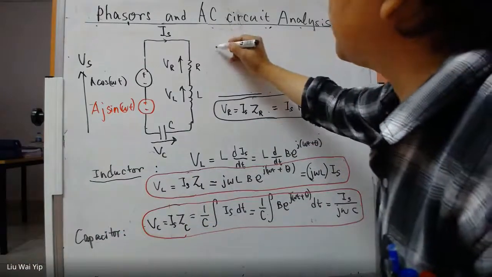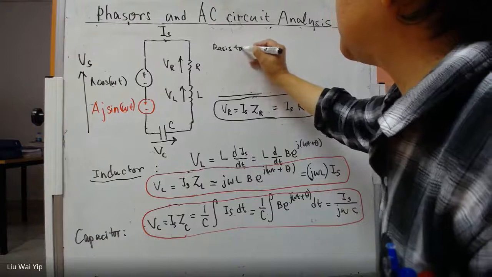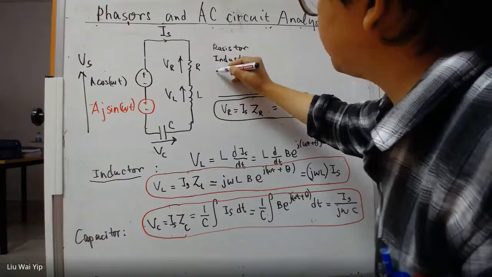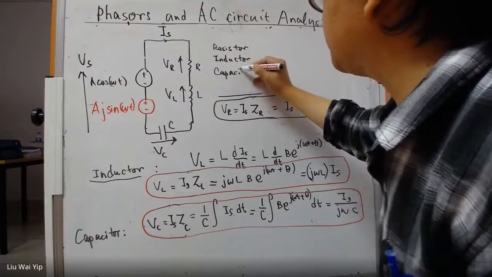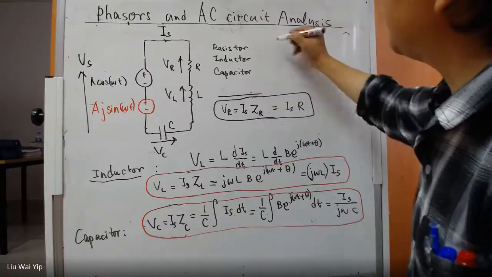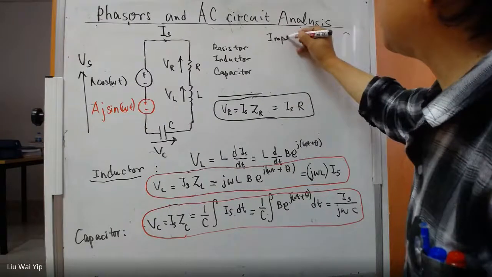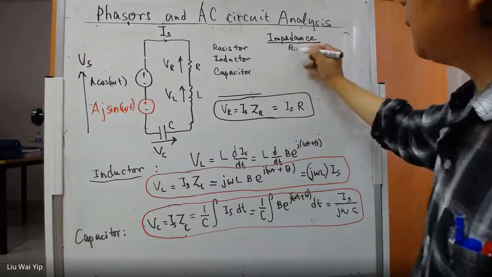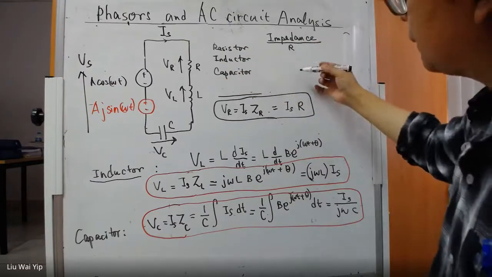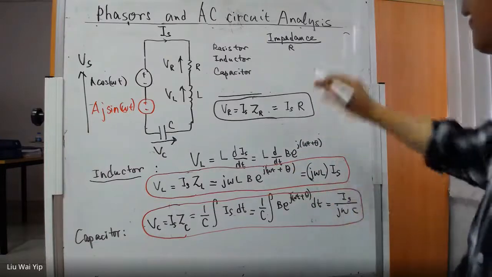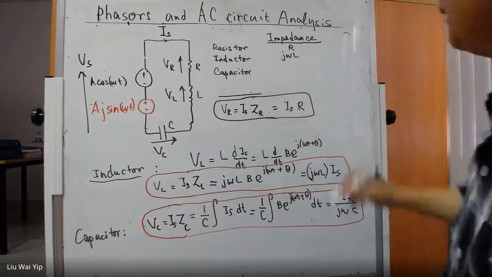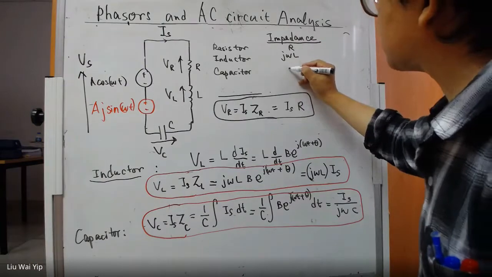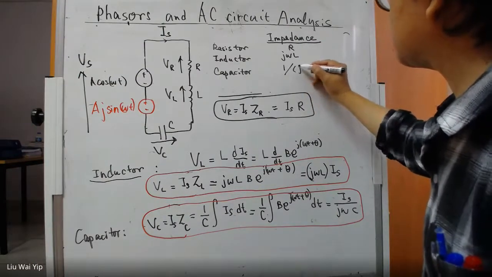We have a resistor, inductor, and capacitor, and we also know that their impedances are: the resistor is easy, R; the inductor, j omega L; and the capacitor, 1 over j omega C.